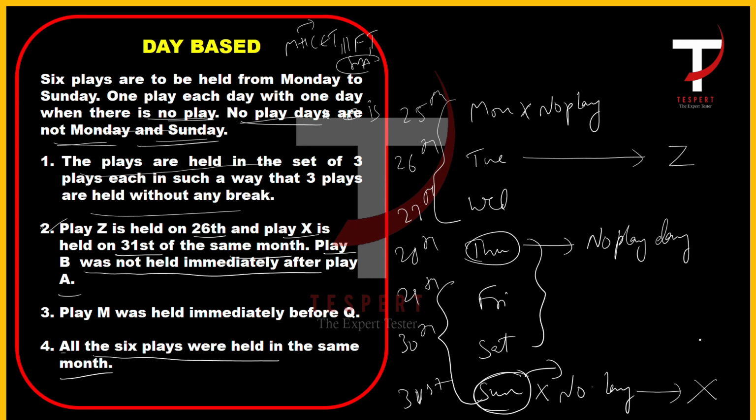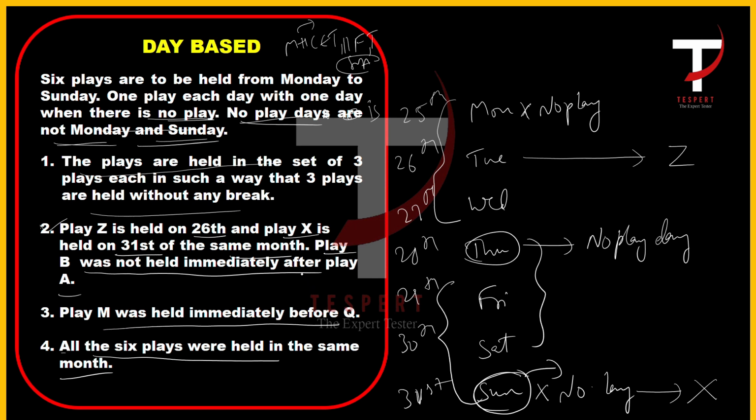Okay. So Z is on 26th, X is on 31st. And statement 3 says that play M was held immediately before Q. So play M was held immediately before Q.